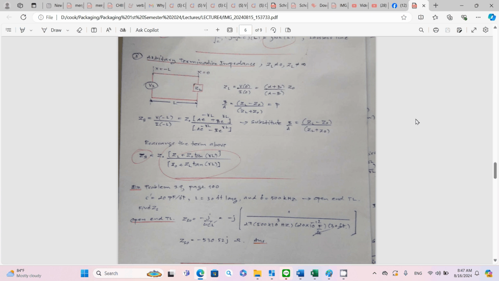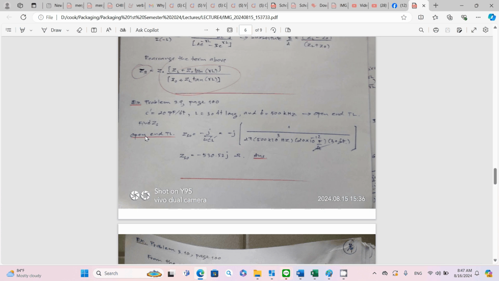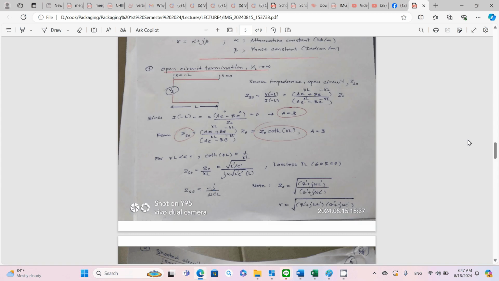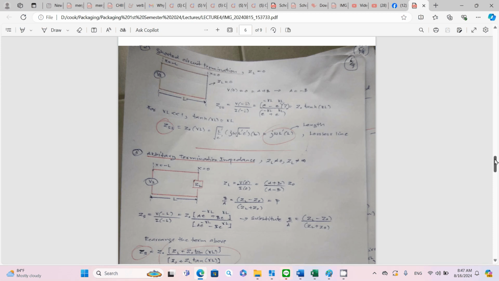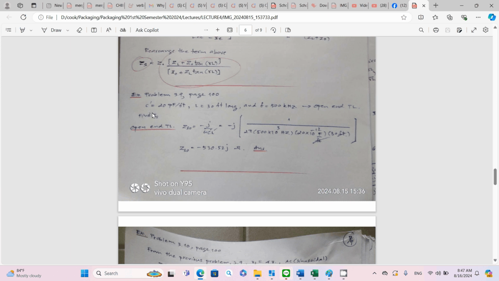Take a look at problem 3.9, page 100. For the open-ended transmission line, or open circuit termination, all parameters are given as you define the source impedance of the open-ended transmission line.